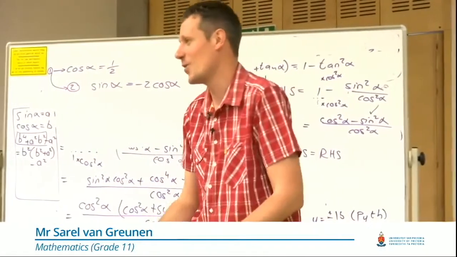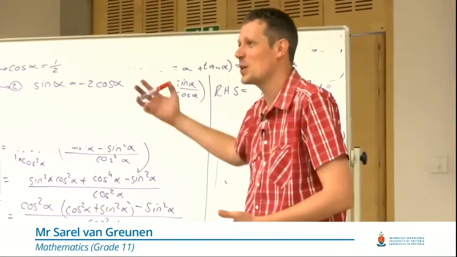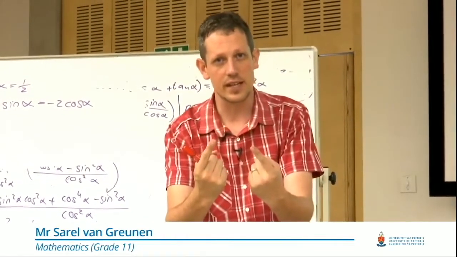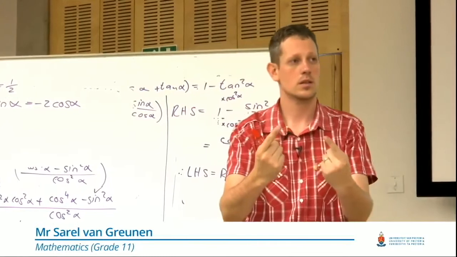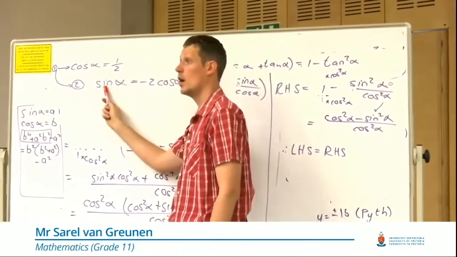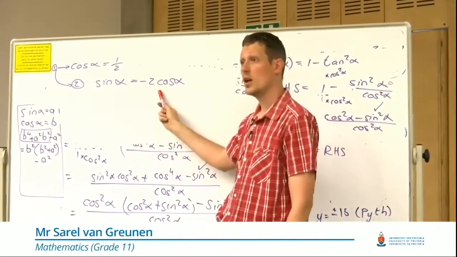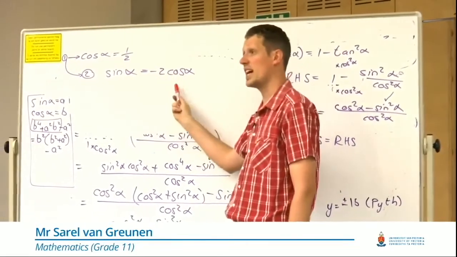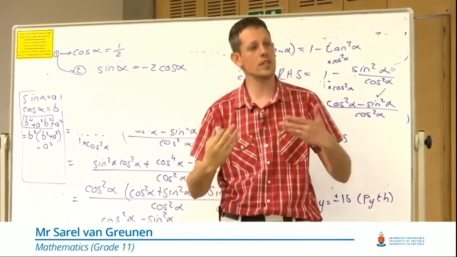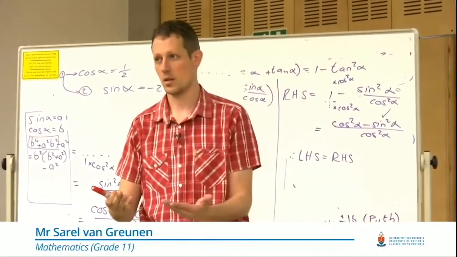Guys, it's not a deep question. It's not a simple equation to solve. But how do I identify that? I've got a sine on the one side, a cos on the other side, but the angles are exactly the same. How do I solve an equation like this?